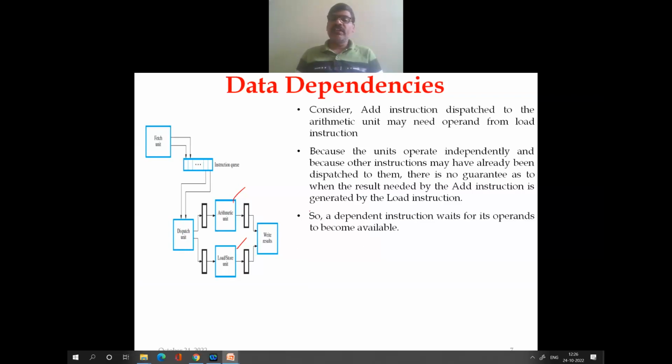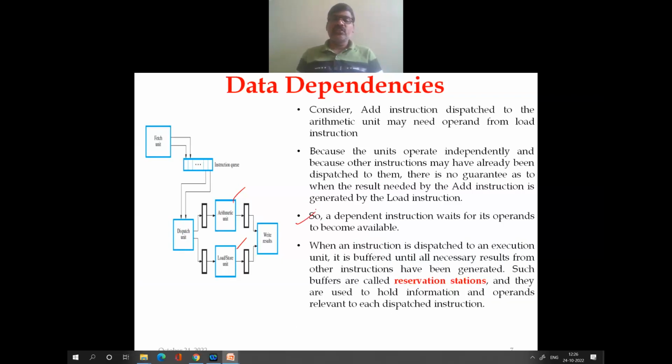A dependent instruction waits for its operands to be available. When an instruction is dispatched to an execution unit, it is buffered until all the necessary results from other instructions have been generated. Such buffers are called reservation stations, and they are used to hold information and the operands relevant to each dispatched instruction.